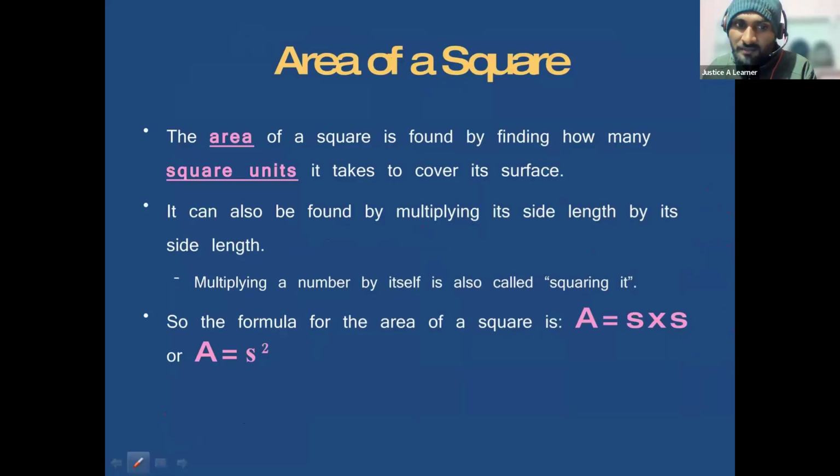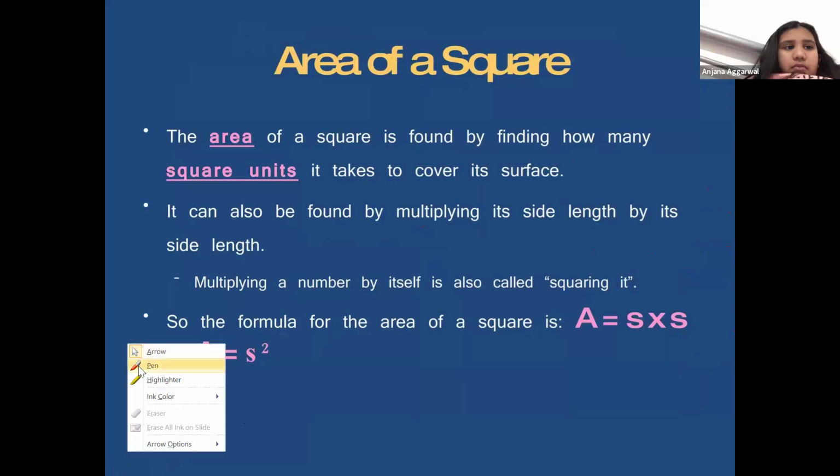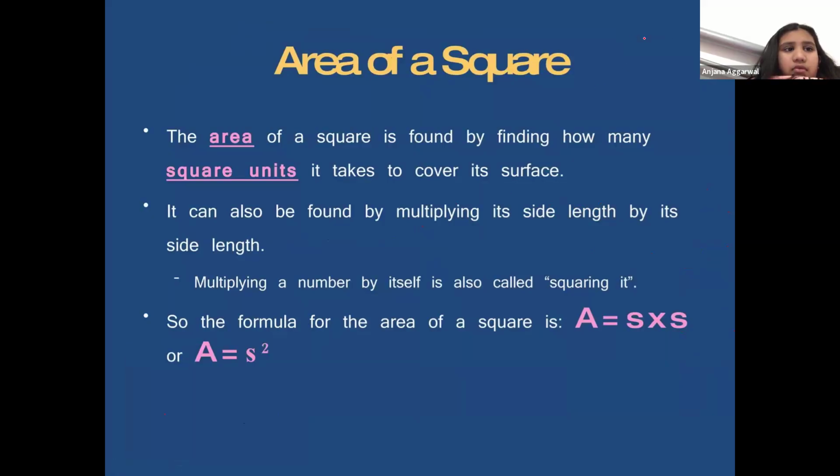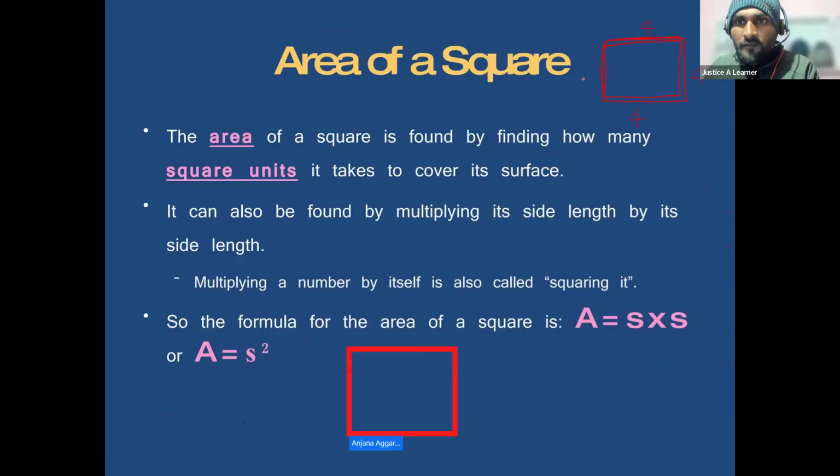Do you understand that? Okay, let me just draw this. If this is a square with sides 4, 4, 4, 4, what would happen here?